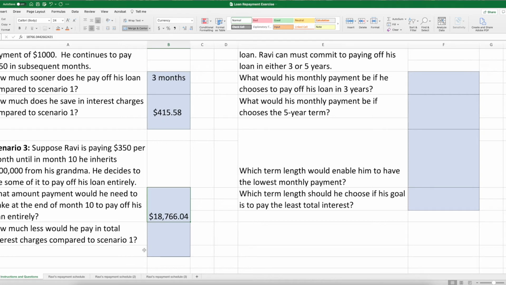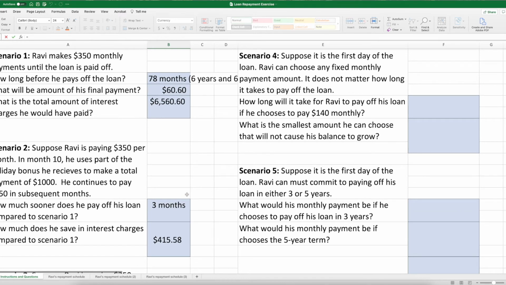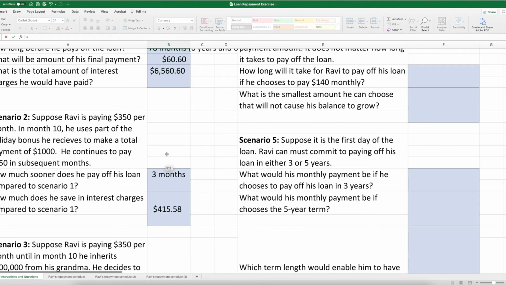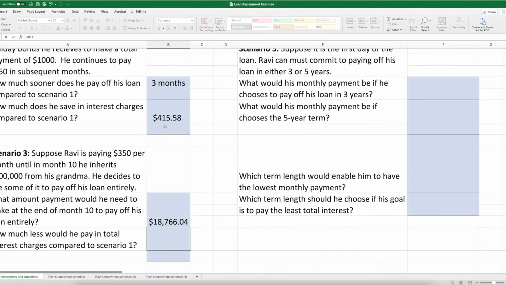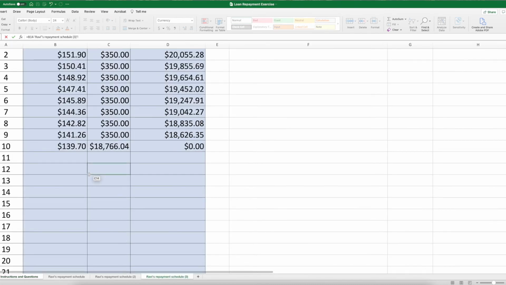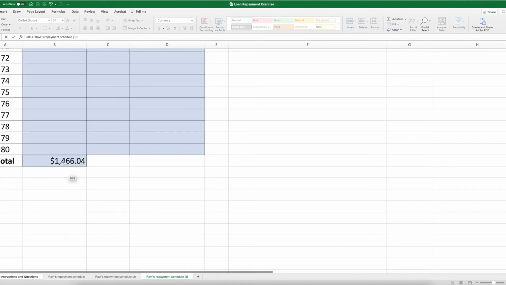How much less would he pay in total interest charges compared to scenario 1? So we calculate the difference. So we take the interest charges from scenario 1, and subtract from it the interest charges in scenario 3, which are going to be given here.